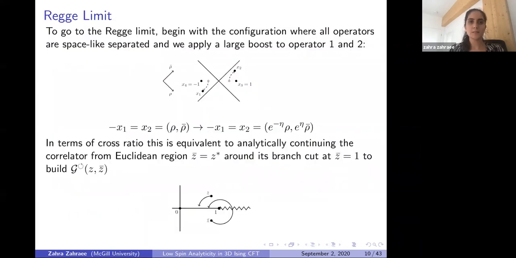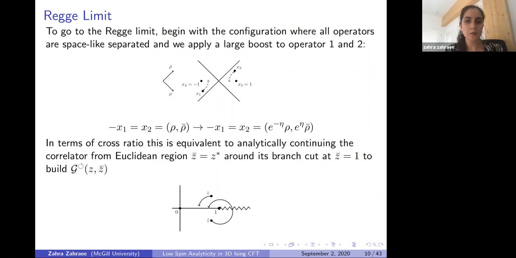We study this correlator in the Regge kinematics. We begin with all operators space-like separated from each other, and then we apply a large boost to operators 1 and 2 to go to the Regge limit. This is most nicely described in the rho and rho bar variables, where after the large boost, rho bar goes to infinity and rho goes to 0.